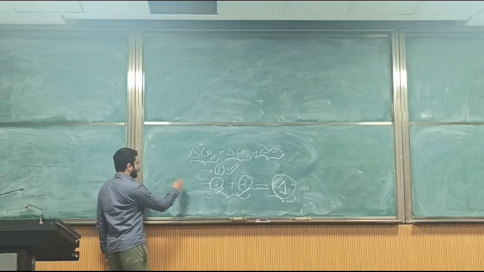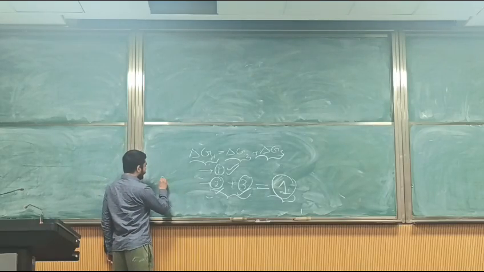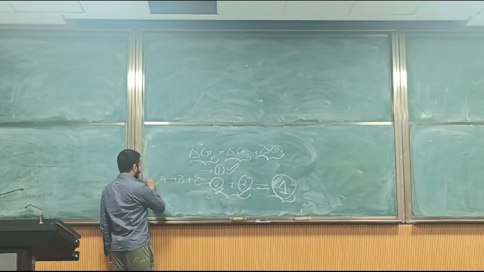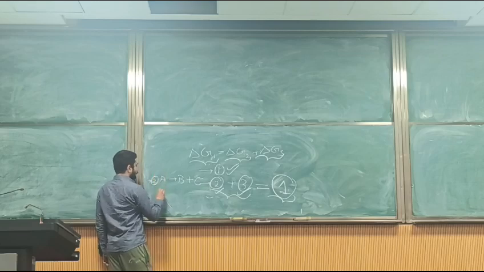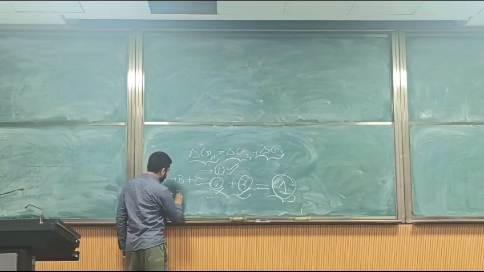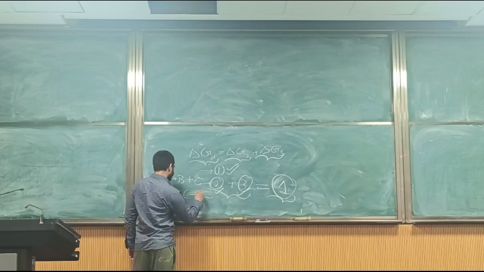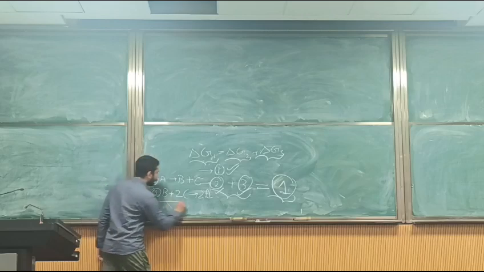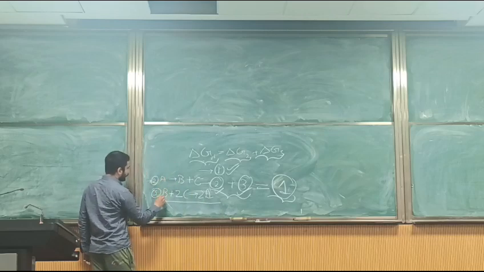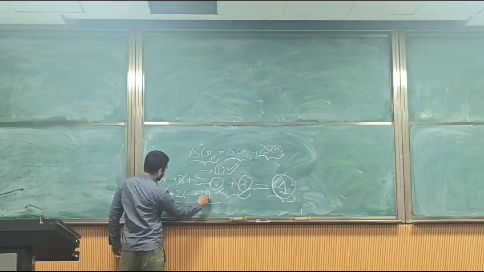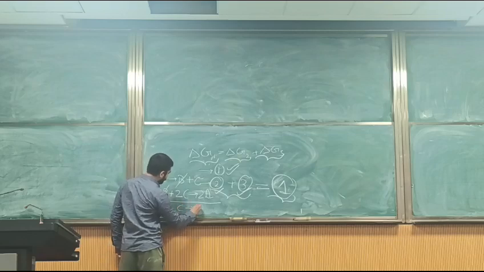Suppose the second reaction is A gives B plus C, and the third is B plus 2C gives 2A. If we add both of them, the B will get cancelled and the A will get cancelled, and this will become C gives 2A.